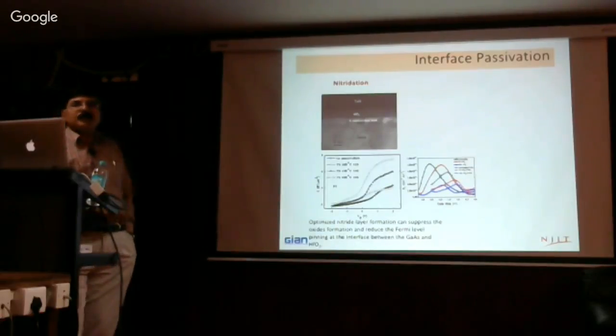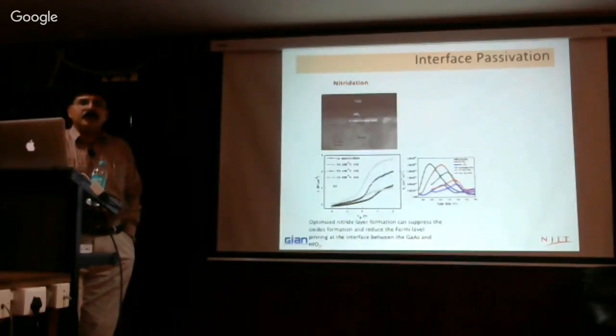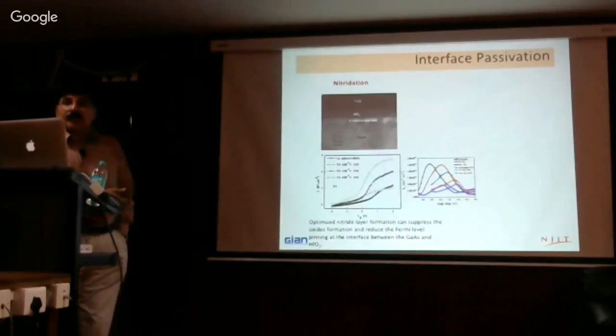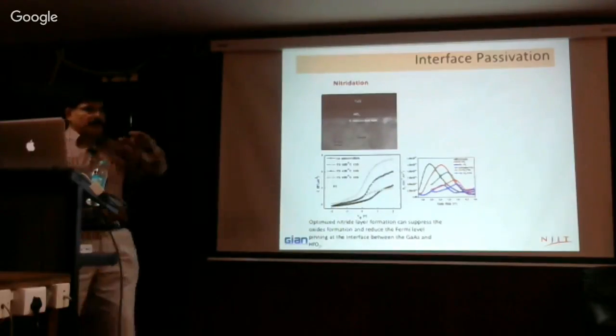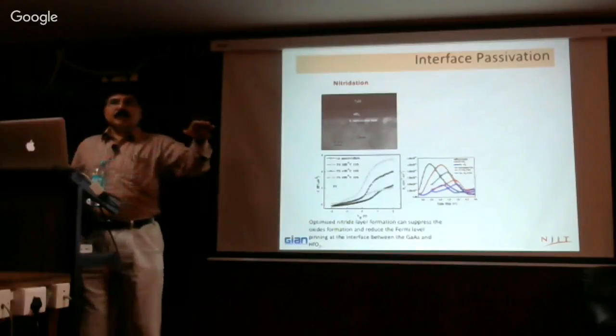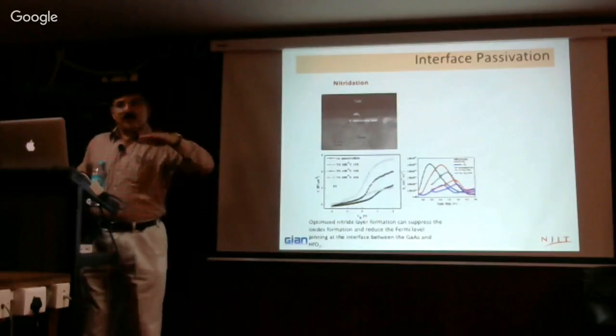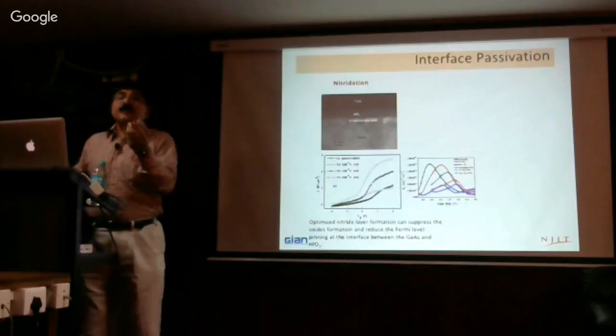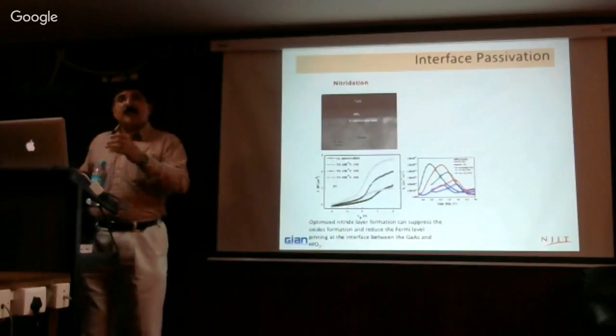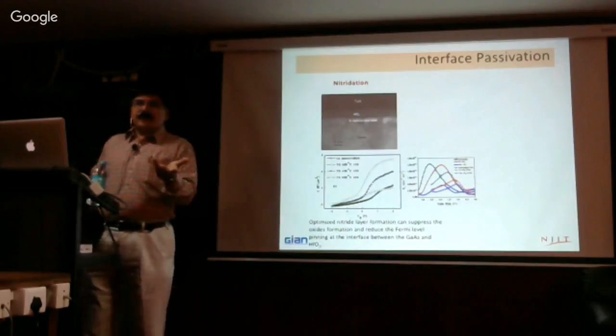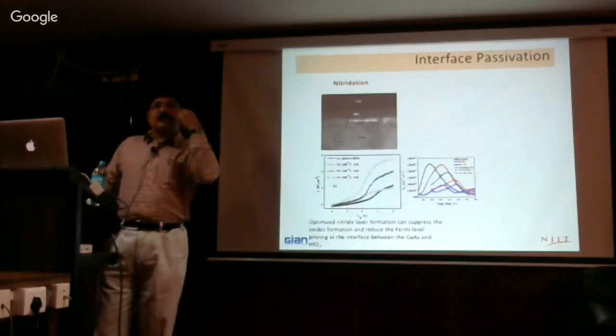Then they realized that the interface defects are extremely high in gallium arsenide. If you clean the gallium arsenide surface, you may have gallium atoms on the surface, or you may have arsenic atoms on the surface. Then you have a completely different DIT. So this was not that easy.